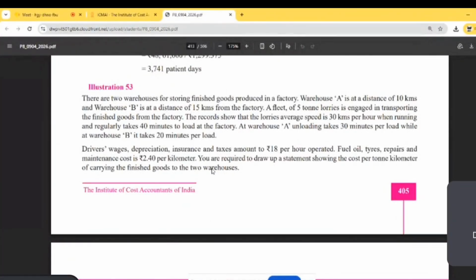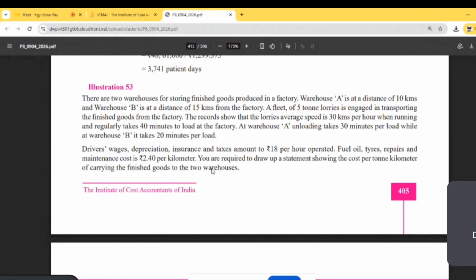There are 2 warehouses for storing finished goods produced in a factory. Warehouse A is at a distance of 10 km. Warehouse B is at a distance of 15 km from the factory. So there is a factory. From the factory, it has to go to warehouse A or warehouse B. A fleet of 5-ton lorries is engaged in transporting the finished goods from the factory. The record shows that the lorry's average speed is 30 km per hour when running, and it regularly takes 40 minutes to load at the factory.